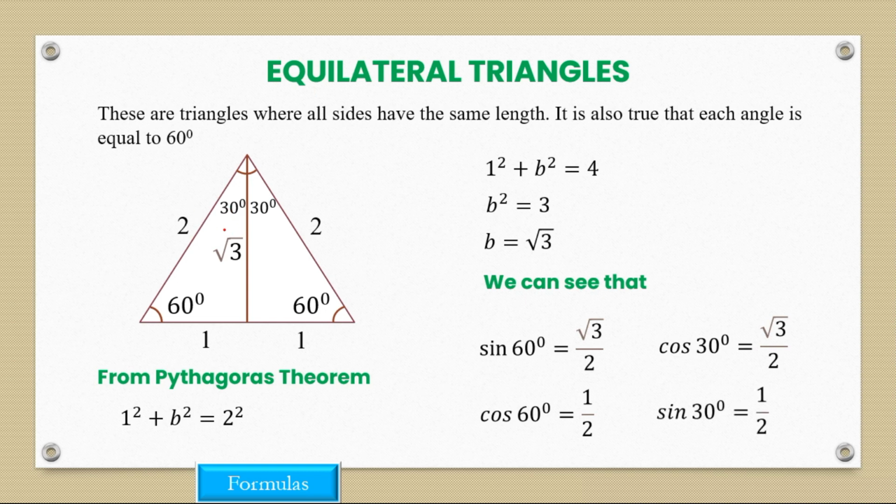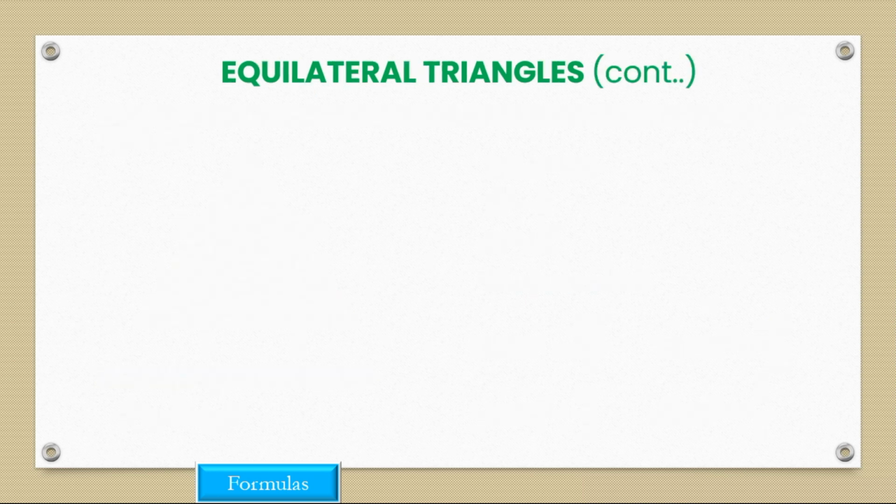Then if we look at sine 30, and remember sine is opposite over hypotenuse, what's the opposite of this 30 here? The opposite is 1, and the hypotenuse is 2. And that's why we have sine 30 as being a half. So I encourage you to memorize all these. This will be helpful in future calculations. And this is how we derive the values of sine 60, cos 60, cos 30, and sine 30. Alright, so let's move on.